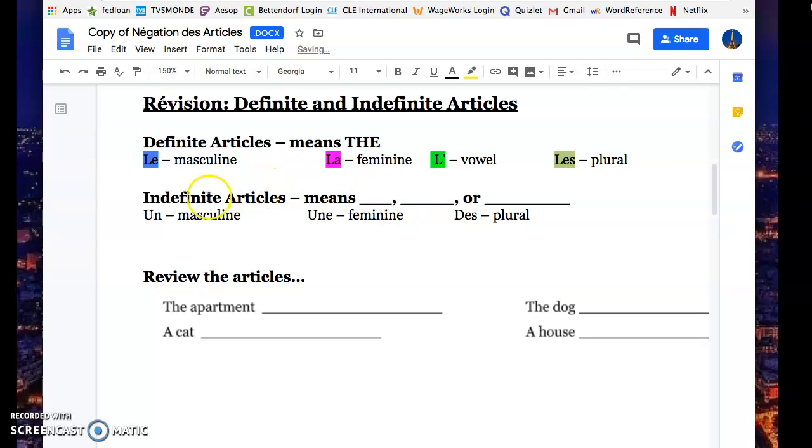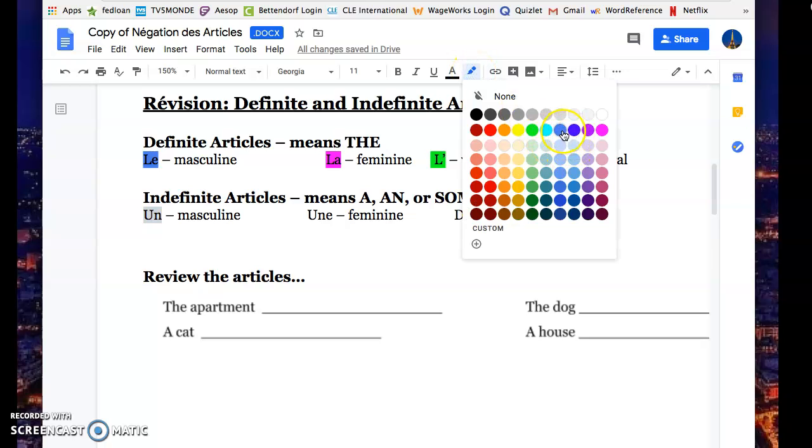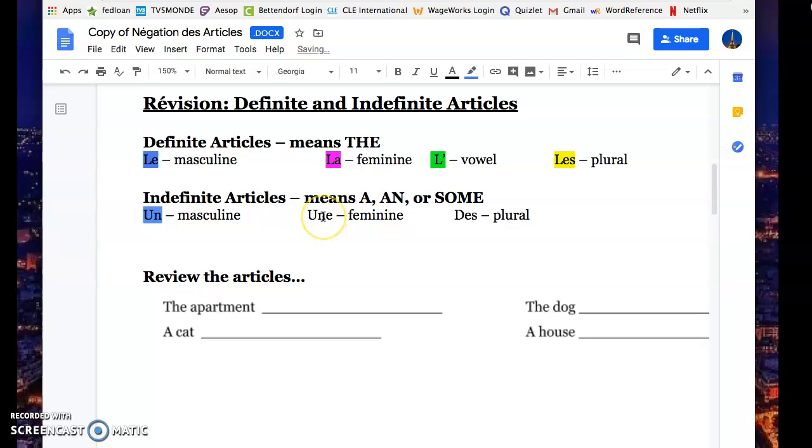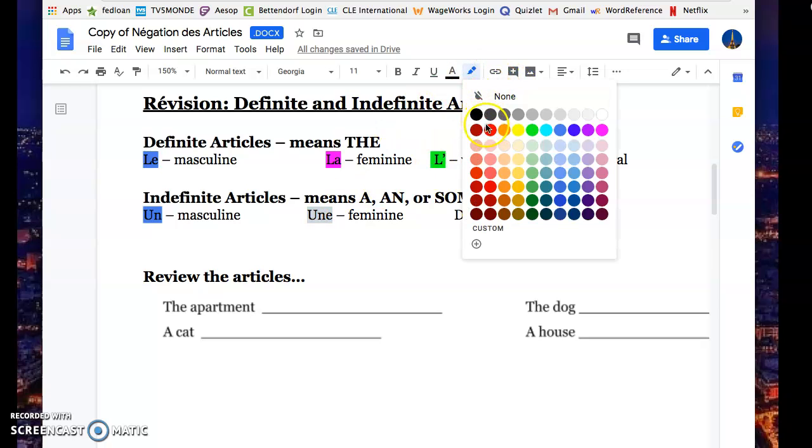Okay? Your indefinite articles, indefinite can mean a, it can mean an, or the plural is some. So how we say a dog, because dog is masculine, is going to be un chien. How we say a class is une classe.